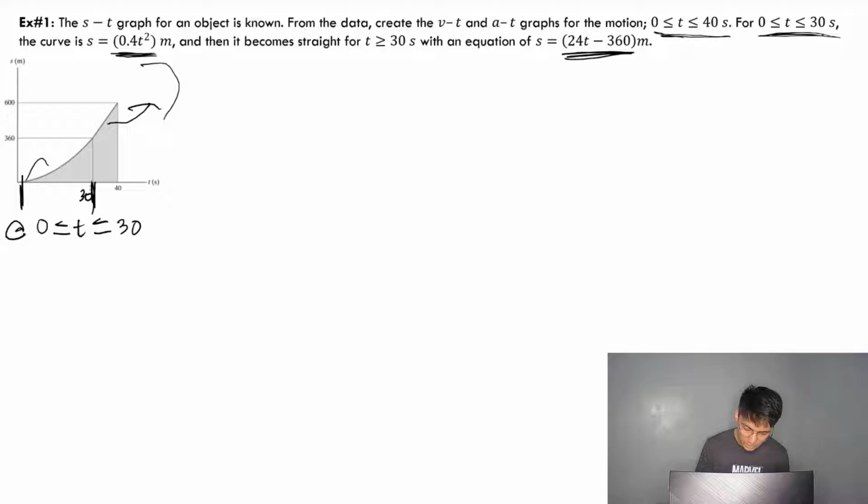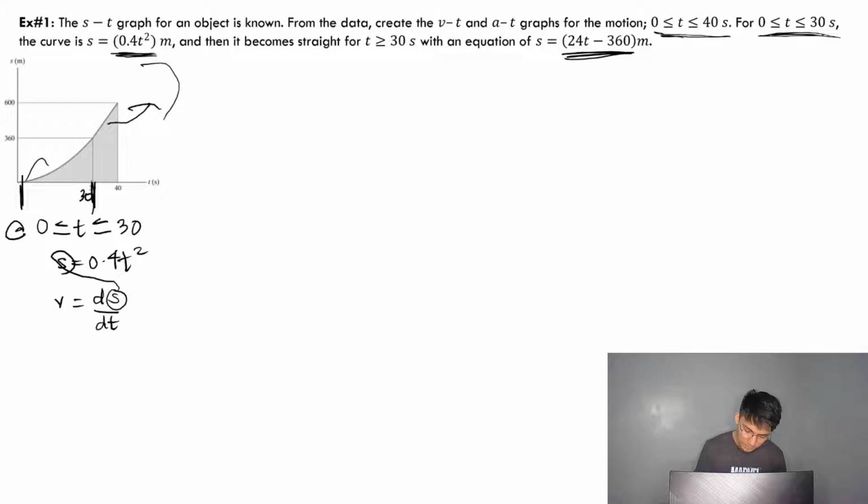Okay, given an equation, we have S is equal to 0.4t square. And now, isa-solve natin ang velocity. We have the equation V is equal to ds over dt. Ngayon, of course, isa-substitute natin ito. Ito yung value ng S natin.